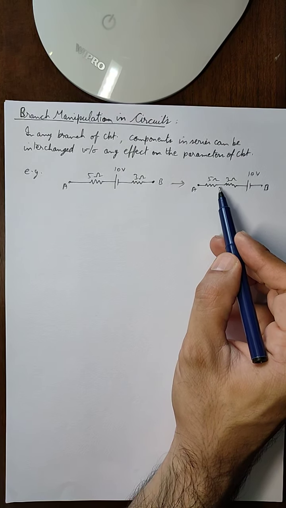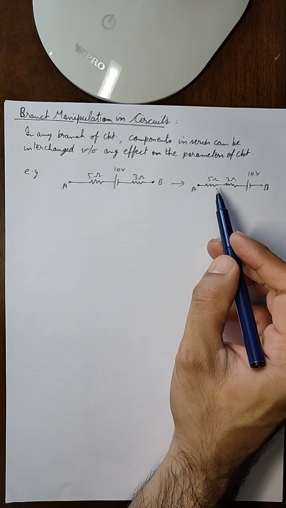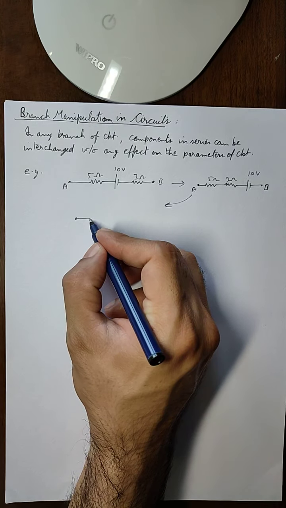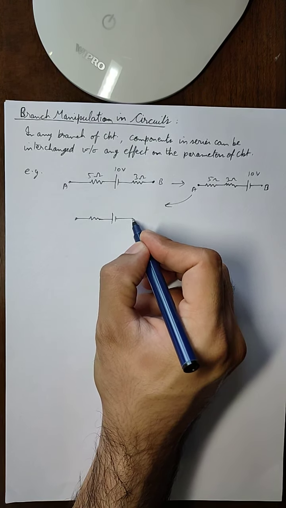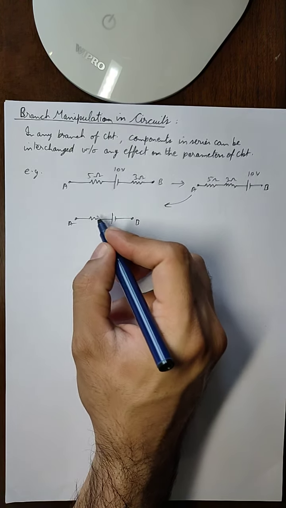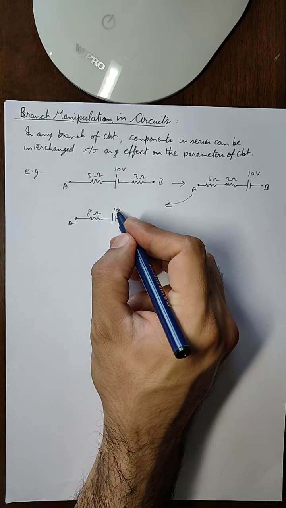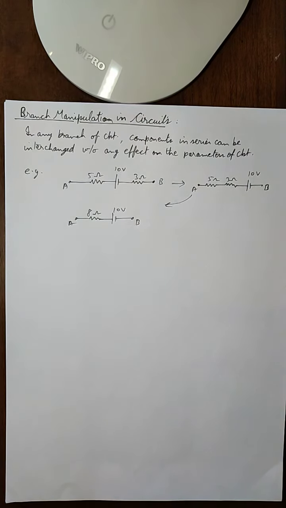Since both the resistors are together, it is much easier to picturize that they are in series. So this branch can now be converted into this with a single resistor of 8 ohm, because both are in series, so 5 plus 3 is 8, and the battery of 10 volt. So this way we can manipulate the branches of the circuit.